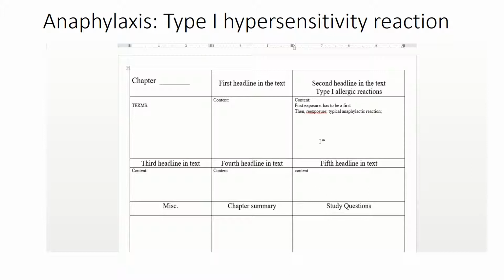So when we go to look at the signs and symptoms, always remember the patho, because the patho will lead you to the signs and symptoms. And as I've said before, you don't have to memorize a lot of random facts if you can get that patho down. So we look at the signs and symptoms.